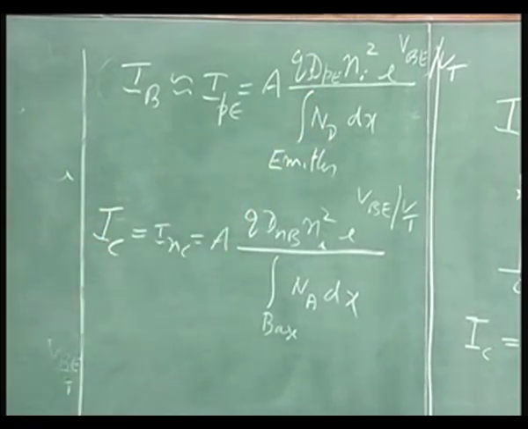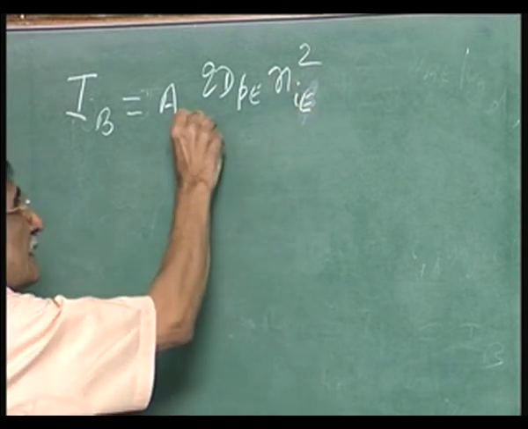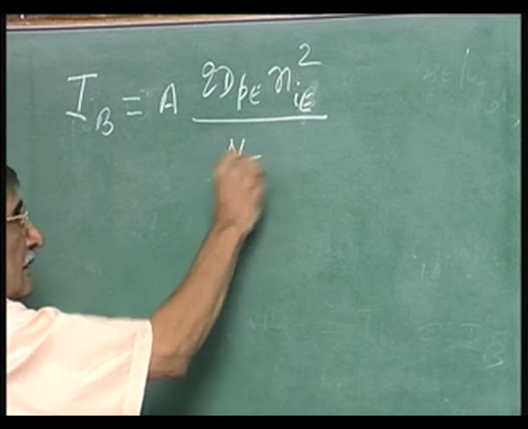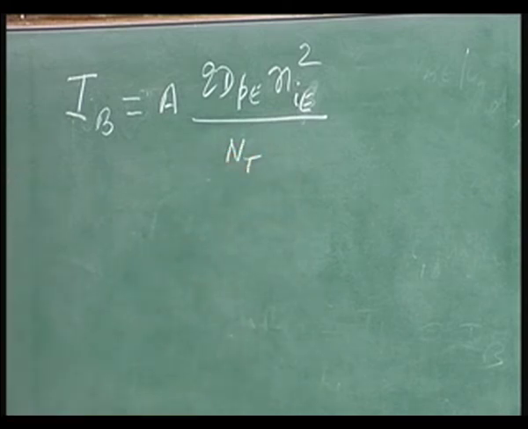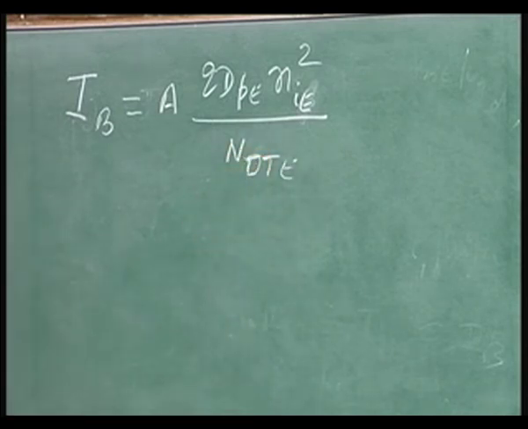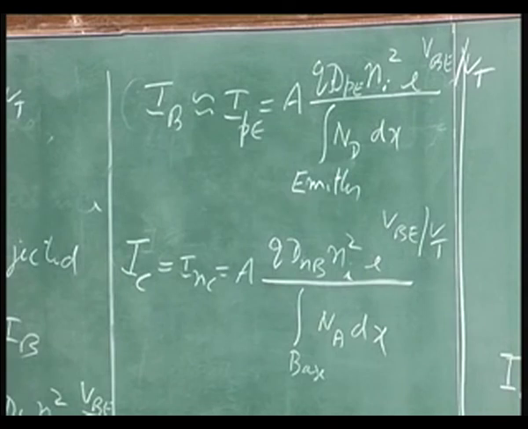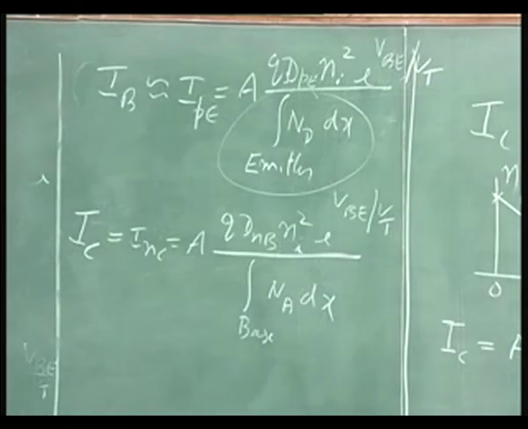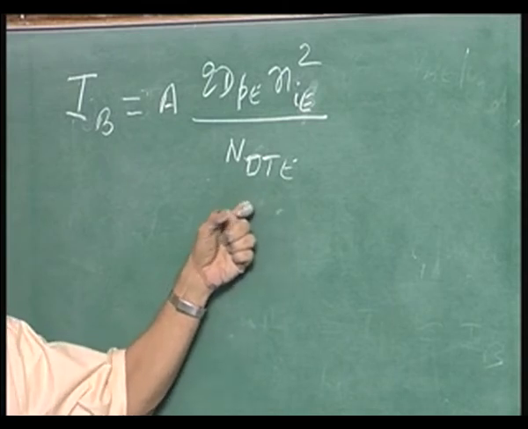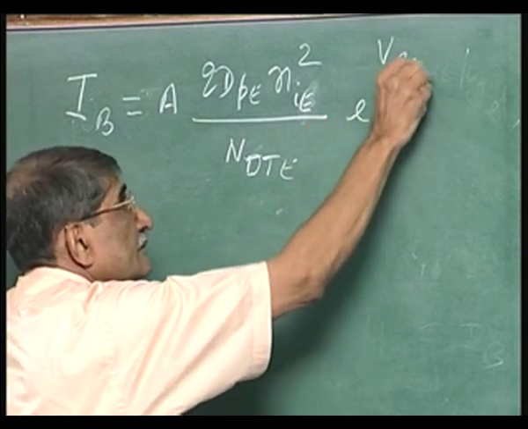I will put it as Ni square, divided by Nd total in the emitter, where Nd total in the emitter is this quantity, doping concentration total in the emitter. Okay. That quantity into e to the power of VB by VT.